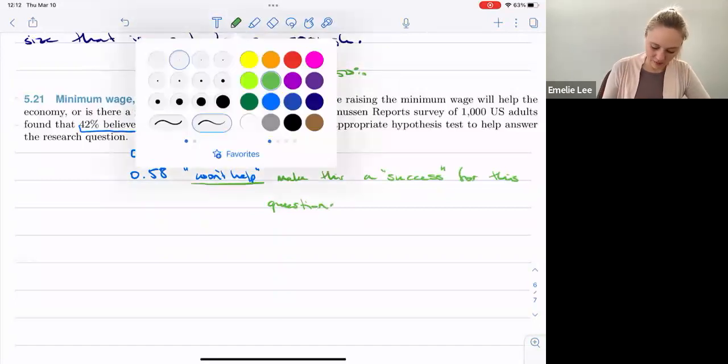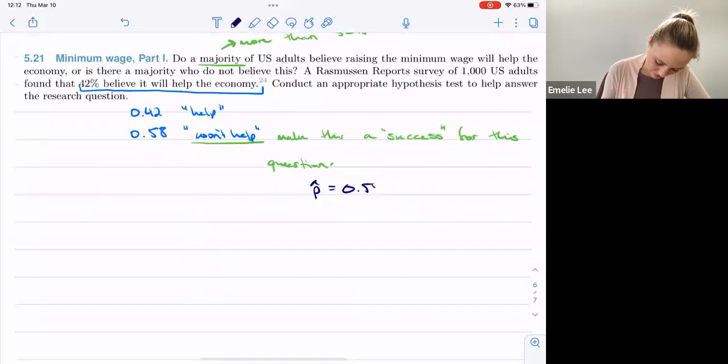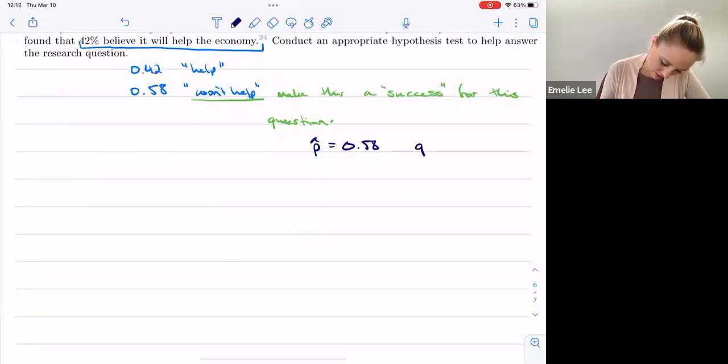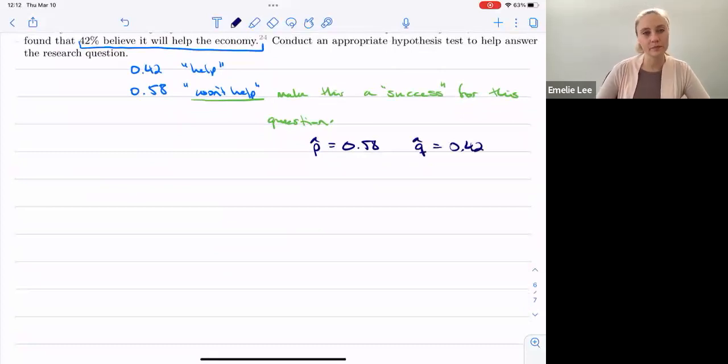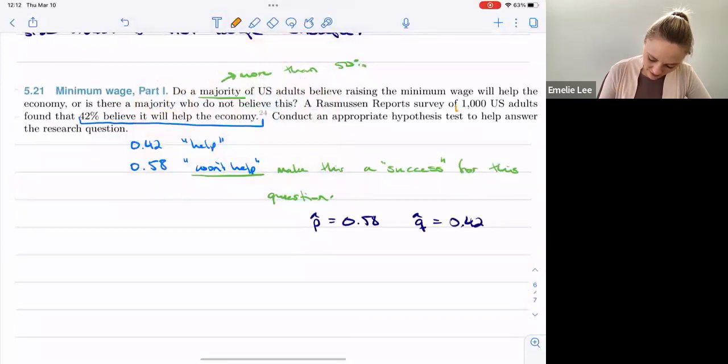So what does that mean? It means that p hat is 0.58 and q hat is 0.42. I'm also given that the sample size is 1,000.